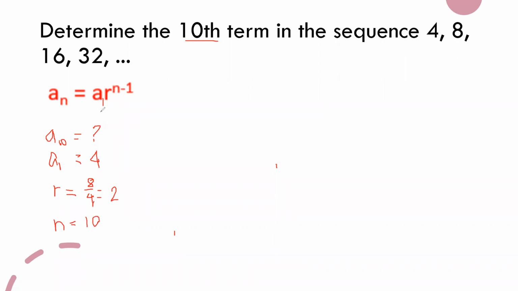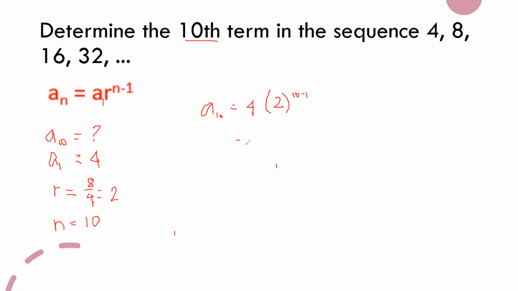So let's use the formula. We're looking for a sub 10 equals 4 times, what is our common ratio? 2. Raised to 10 minus 1. That's an exponent, 10 minus 1.